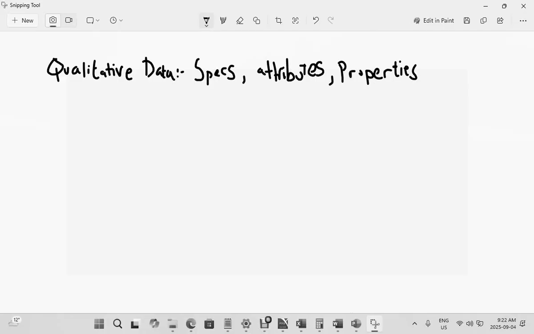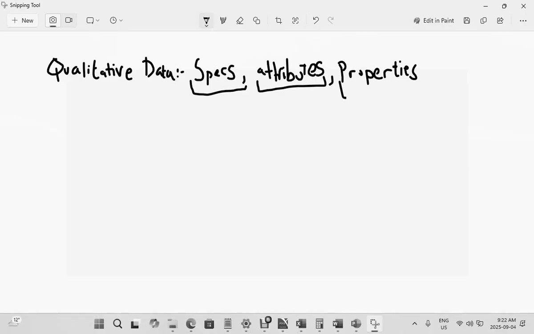So say for example, you're trying to figure out the specifications of a computer or a laptop. In that case, the specifications would be considered qualitative data. Attributes: when you try to figure out the attribute of a person, let's say how the person behaves, how he or she responds to certain situations, and so on and so forth. That has to do with qualitative data.